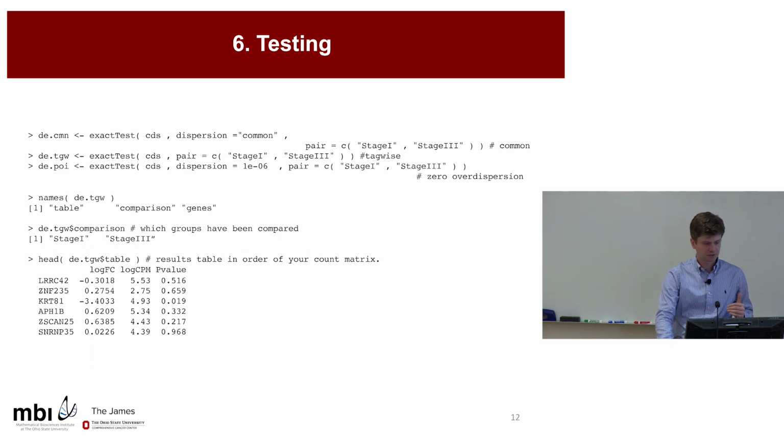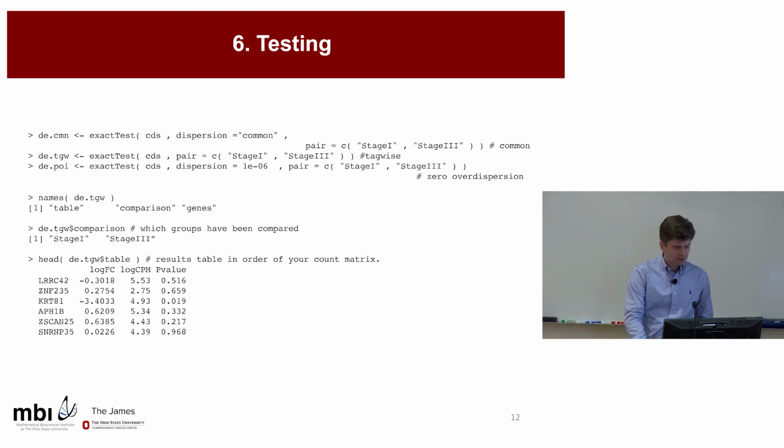And for each output object of the exact test function, you can see what the items within this object are and what the comparison was. So here you got the group names that you can call by calling the comparison. And you can see what you got by typing the name of the object and the table, where you would have fold change, log counts per million, and p-values for each analyzed tag.